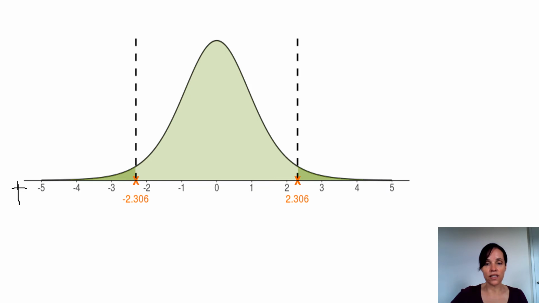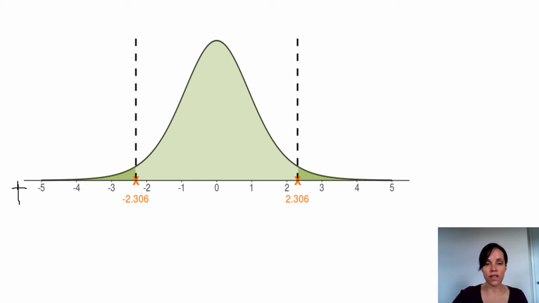Because it's a two-tailed test, I'm going to label the t critical value here and here. So on the upside of the distribution, the critical value of t is 2.306. On the lower side of the distribution, the critical value of t is negative 2.306.